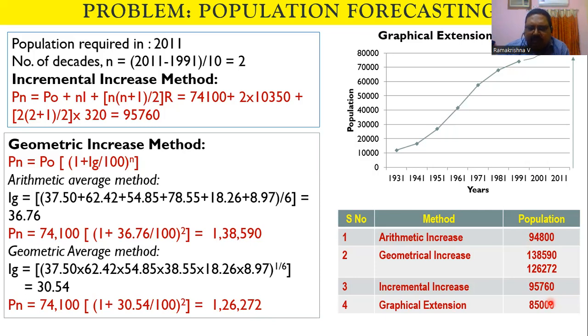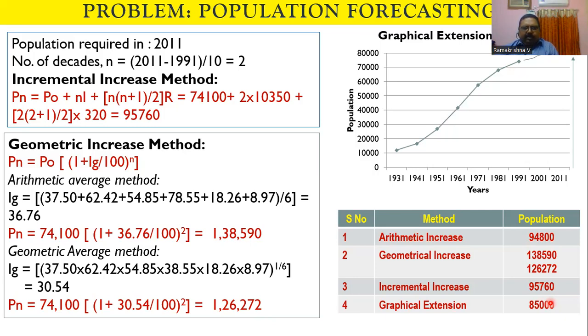So that's why we are adding that. That gives a more logical value. As usual, the geometrical increase is going to give you the higher predictions of the population. So this is how we understand the population growth predicted by these four methods.